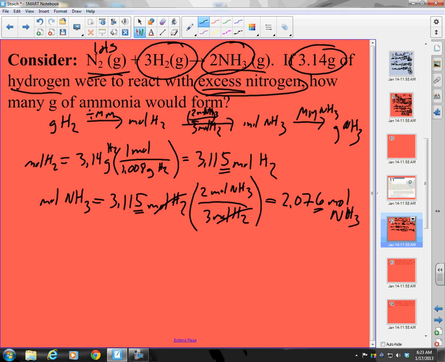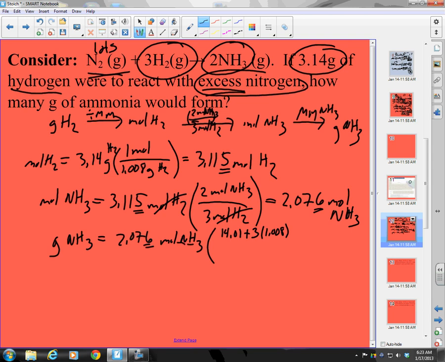Then grams of ammonia. Grams of ammonia equals 2.076 moles of ammonia times what? Okay, I have 14.01 plus 3 times 1.008. What am I doing there? Well, that's my molar mass, right? My 1 ammonia and 3 hydrogens.